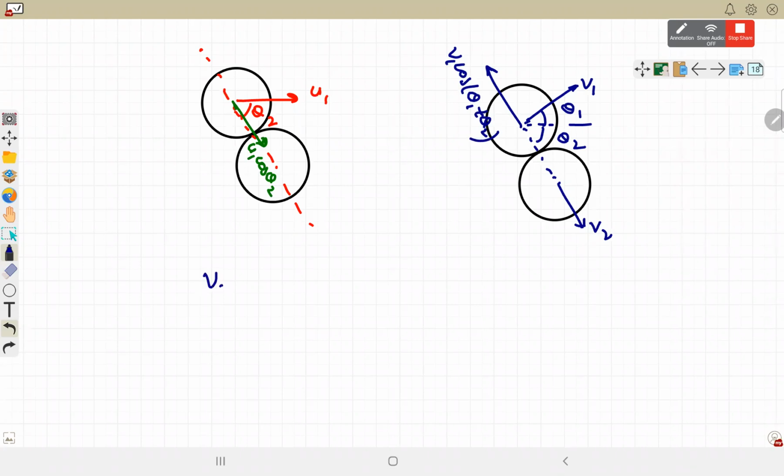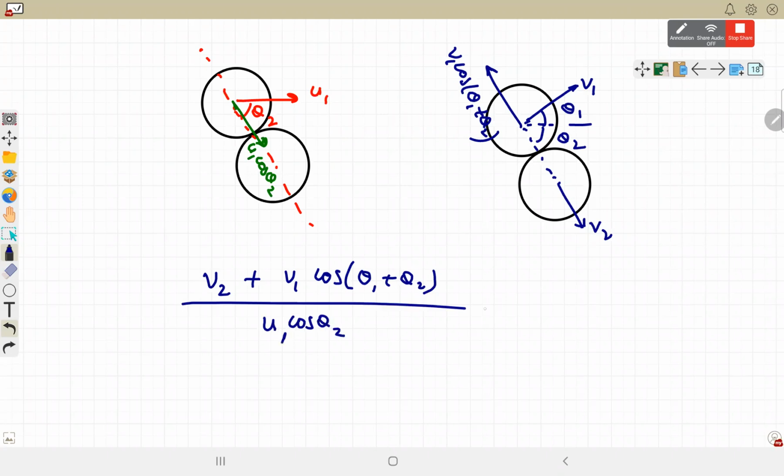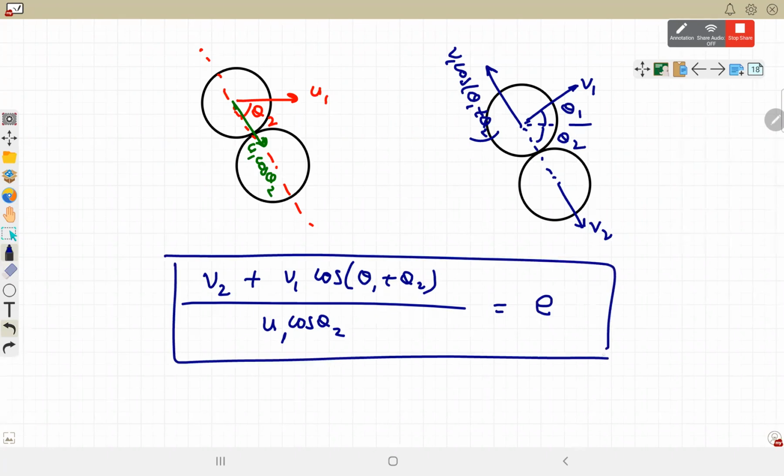Velocity of separation is v2 plus v1 cos(θ1 plus θ2) divided by velocity of approach, so that is u1 times cos θ2. This ratio is the relative velocity of separation divided by relative velocity of approach, that is defined as coefficient of restitution.